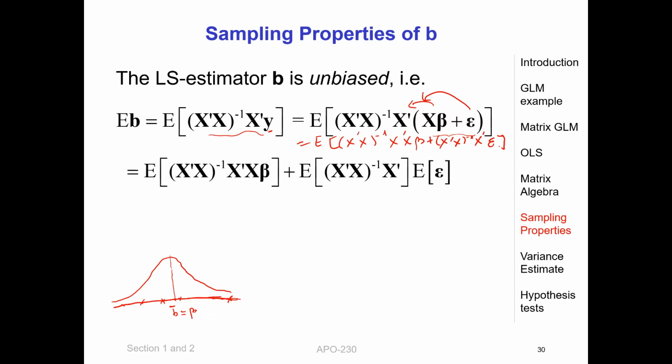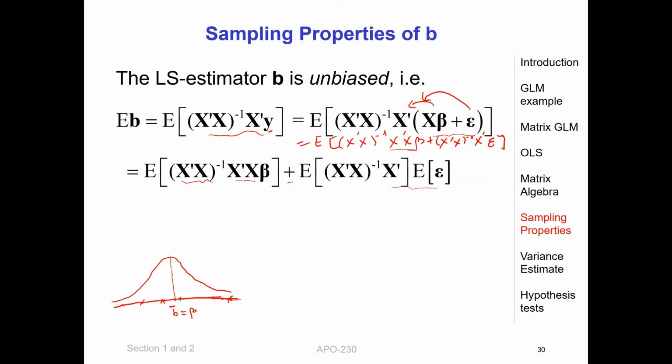In the next line, because the expectation is a linear operator, we could split them into two parts over here, like that. Why it's written that way, I'll talk about in a second, but let's look at this for now. X prime X inverse is the inverse of X prime X itself.